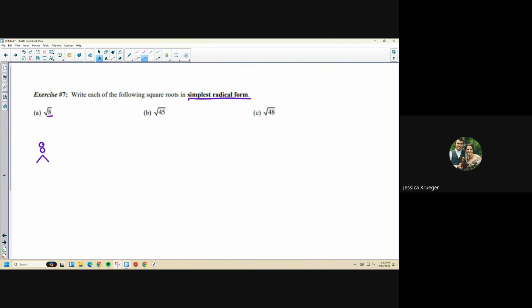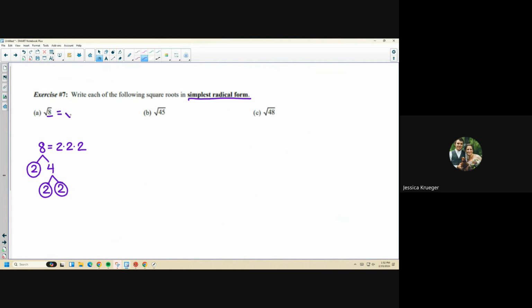So I'm going to think of two things I can multiply to get 8. 2 and 4. I'm going to circle 2 because 2 is prime. I can't break it down anymore. 4, however, can be broken down into 2 and 2. So what I know is 8 can be rewritten as 2 times 2 times 2.